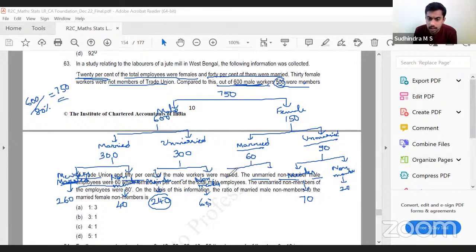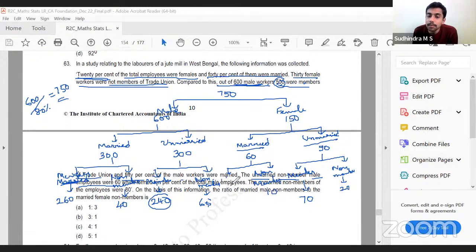Then come to this, we had 40% of them were married. Then 30 female workers were not members of the trade union. Out of 30 female workers who are not members, 20 are unmarried. Then how many are married? 10. So out of married, can I say 10 are non-members?